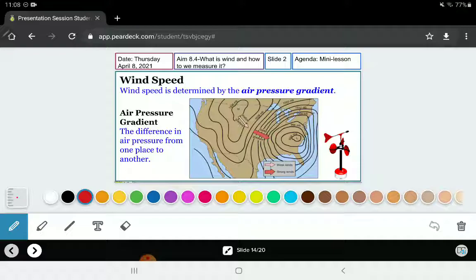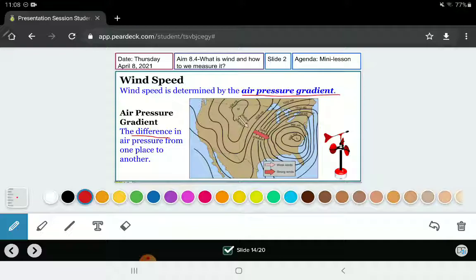So wind speed is going to be determined by the air pressure gradient. The larger the gradient, or the greater the difference between places, the stronger the wind is going to be. If you look at this, these isolines are far away, so that means it has a pretty shallow gradient.